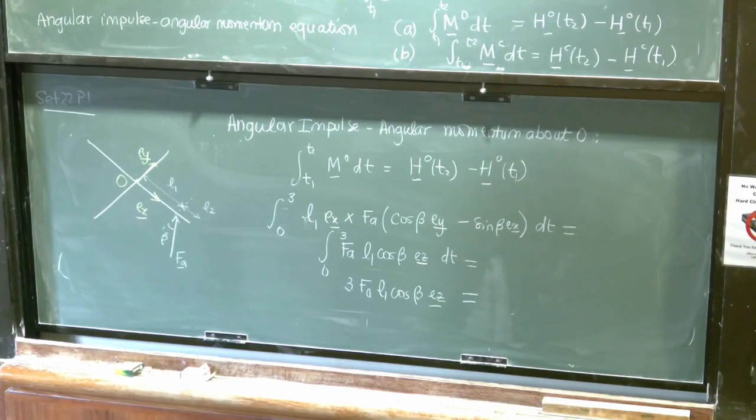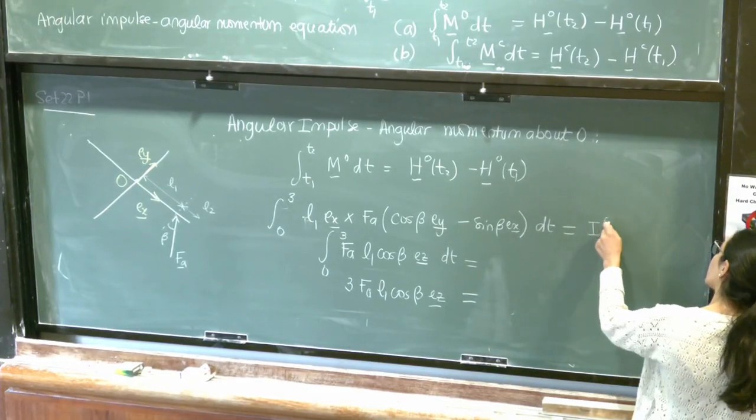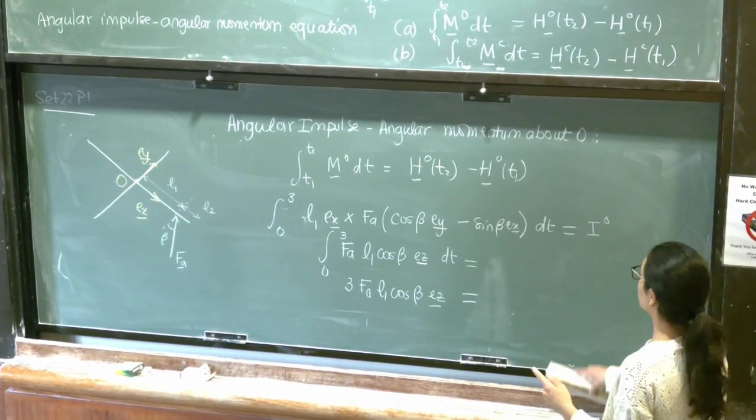Calculated everything. Okay, now for the right-hand side, what do I do? How do I calculate the angular momentum of the system about O, HO? Yeah, I-O omega, right? Let me write it down here.